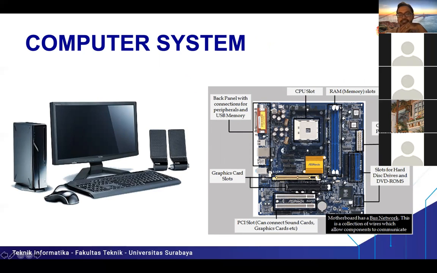This is a desktop computer, not a laptop, right? There is a CPU slot, so if you have a processor, you put it inside this slot. You also have the RAM memory slots, and the connection to the power supply, which transports the energy to your computer.